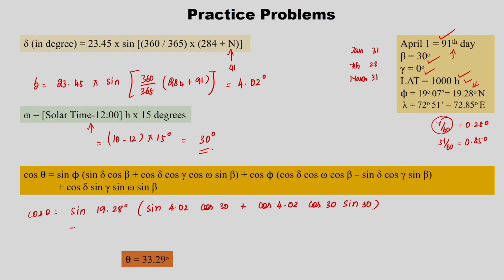So this term is over, plus cos phi 19.28 degree and cos of declination angle 4.02 and cos of 30 omega and cos of 30, again beta is also 30, sine of 4.02 and cos gamma, cos 0 is 1 anyway, and then sin 30. If we see here sin gamma becomes 0, so this term we need not calculate.